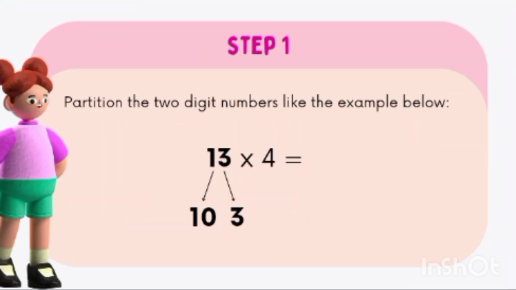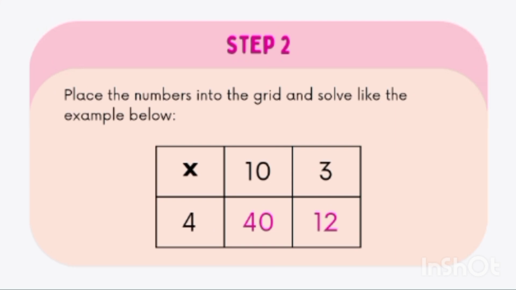For example, over here, let's take 13 multiplied by 4. In the grid method, we partition the two-digit number 13 into 10 and 3 based on the place value. Next, we place the numbers into the grid and multiply by 4.